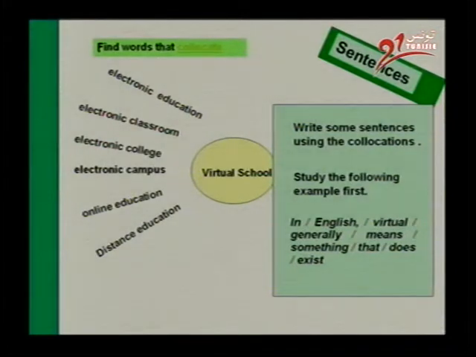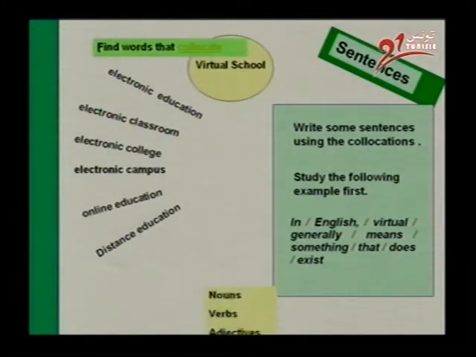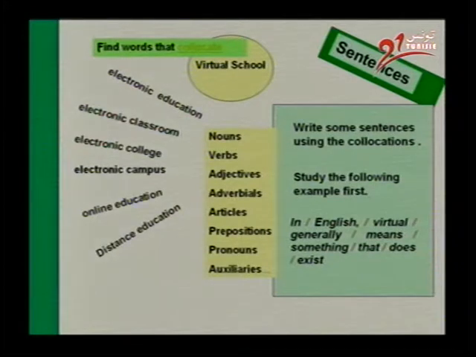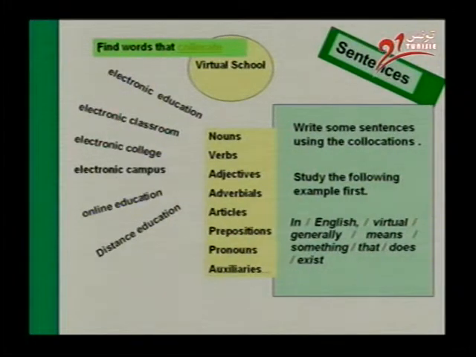In this sentence, we can find nouns, such as school, and something, we can find verbs like exist, we can find adjectives, adverbials, articles, prepositions like in, pronouns, auxiliaries, and many other components.